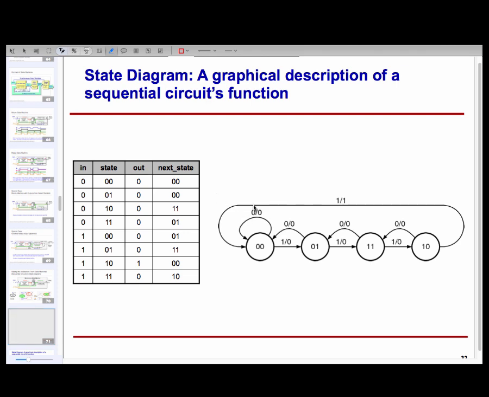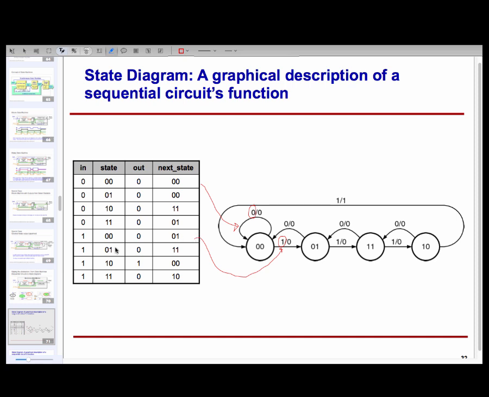This first part corresponds to the value of the input, and this edge is a result of this row. It's basically saying that if I'm in state 0 0 and input is 0, stay put, so loop back. This arrow where input says 1 corresponds to this row.